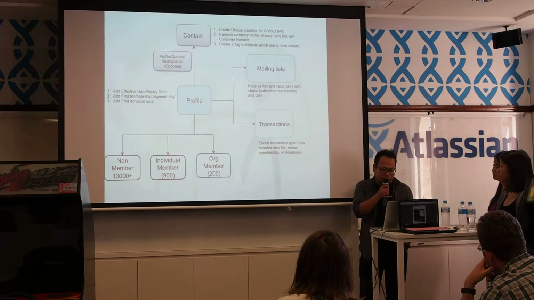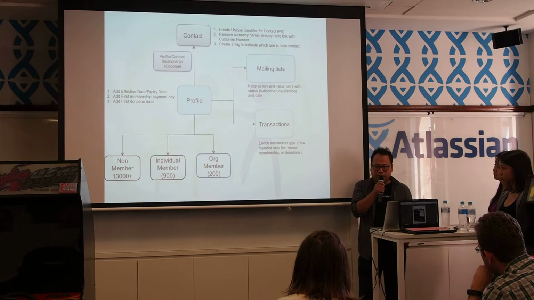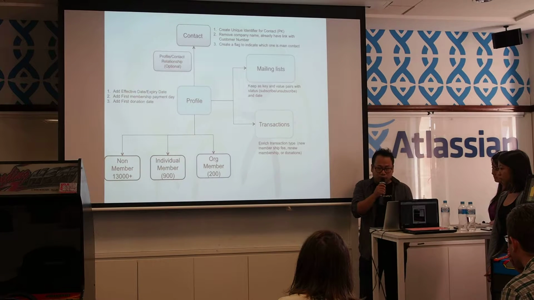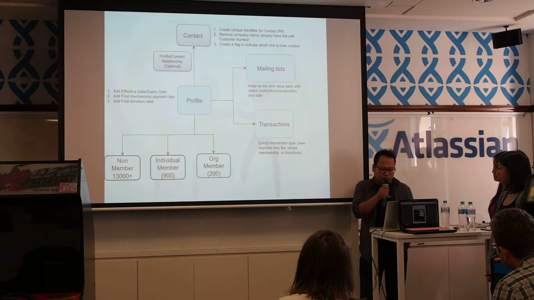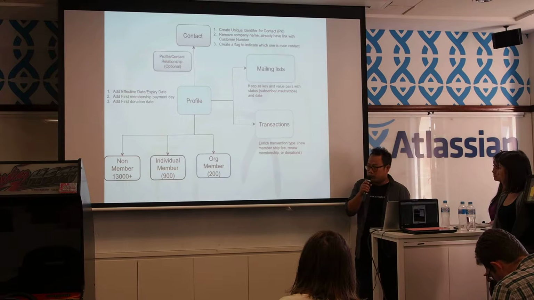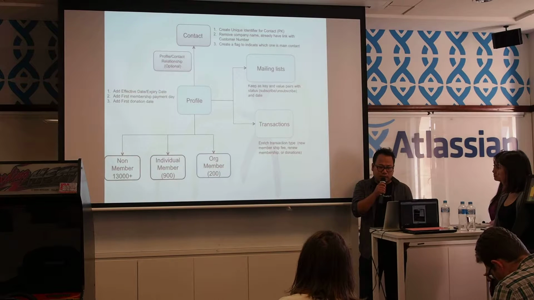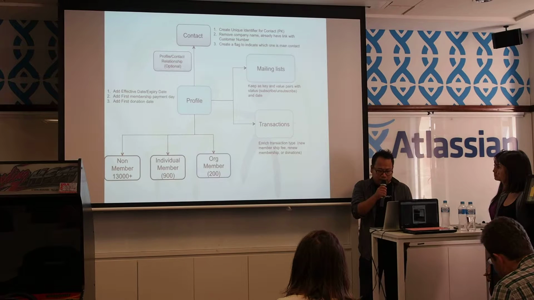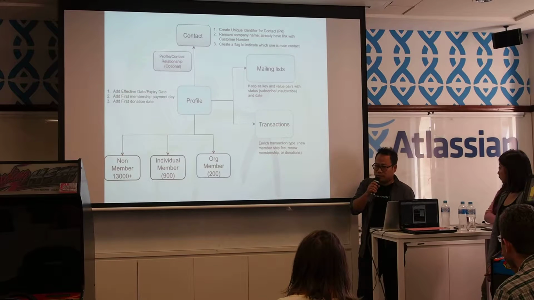Also, we could create a flag to indicate which contact is the main contact for the organization. This structure can only solve the problem where one contact is the main contact for one company. If a contact can belong to different organizations, this structure cannot solve the problem.